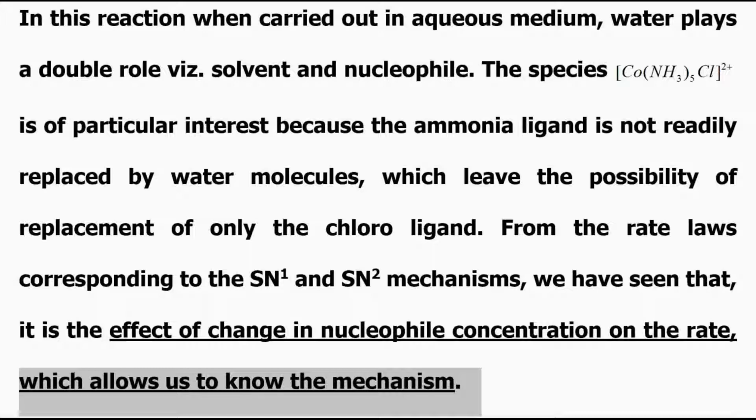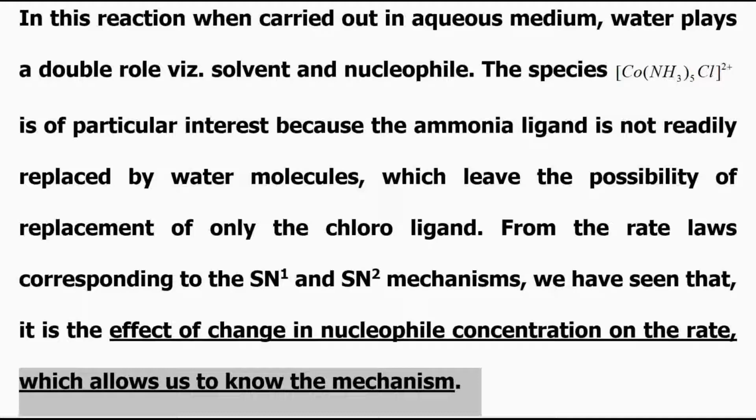See, you want to know whether the mechanism is SN1 or SN2. In case of SN1, the rate depends only on the concentration of substrate. In case of SN2, the rate depends on the concentration of substrate as well as nucleophile.